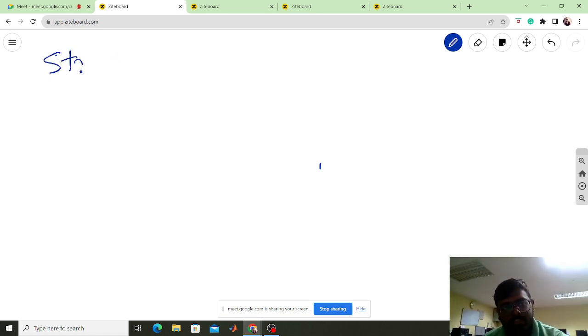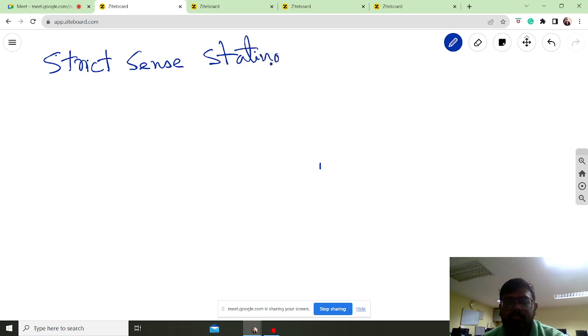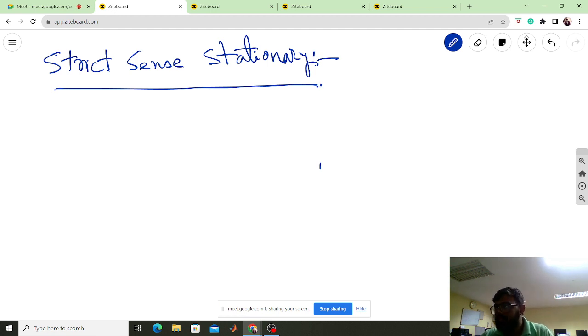First, strict sense stationary. Suppose X(t) is a random process.